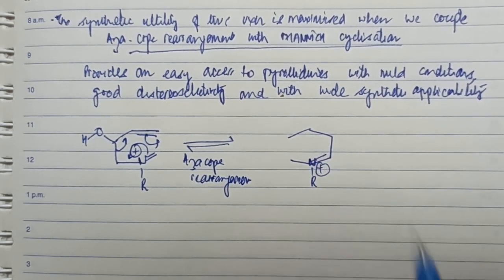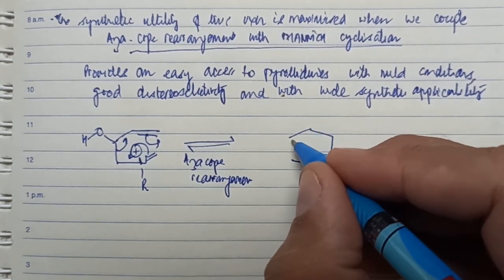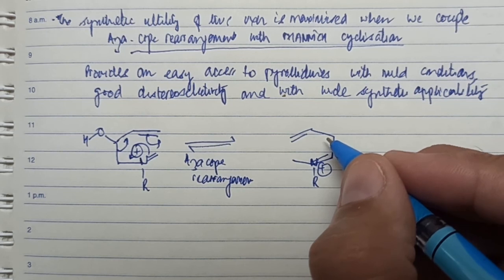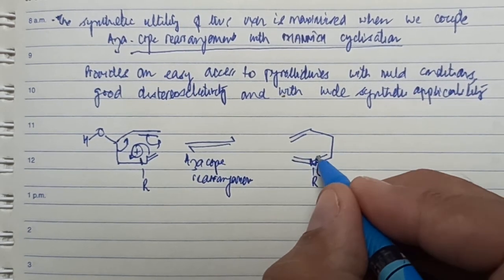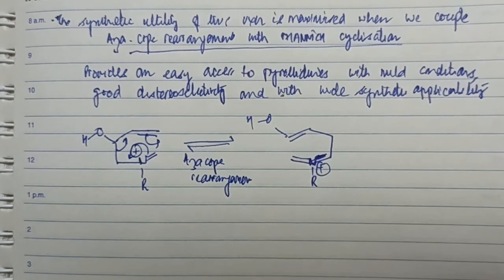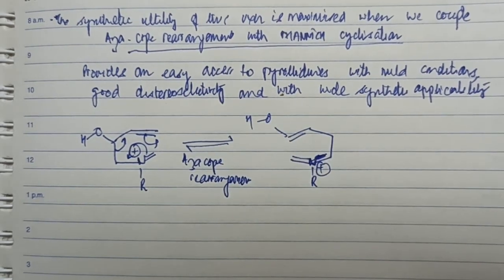A positive charge here, sorry, a double bond here, a positive charge here, and an OH group here. This is the product of the azacope rearrangement.